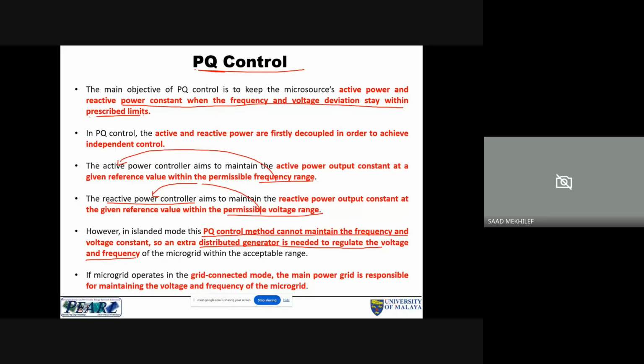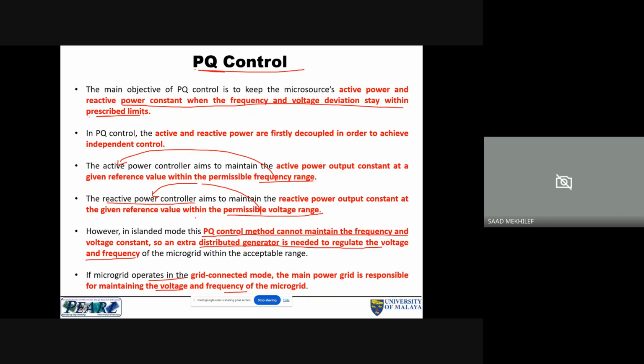If it is operated in grid connected mode, the grid is responsible for maintaining the voltage and the frequency for the microgrid. So this is how the PQ control works in microgrid systems, either in grid connected mode or islanded mode.